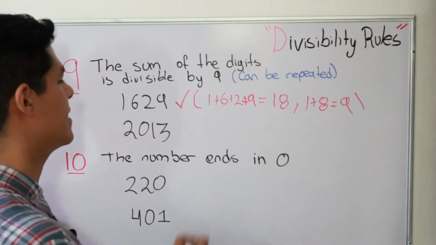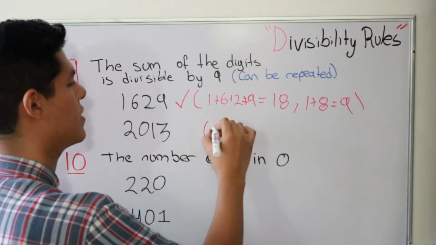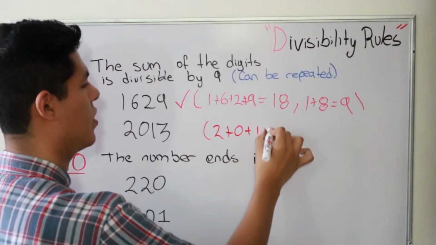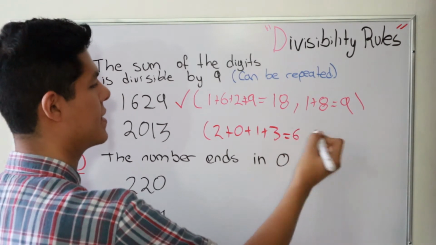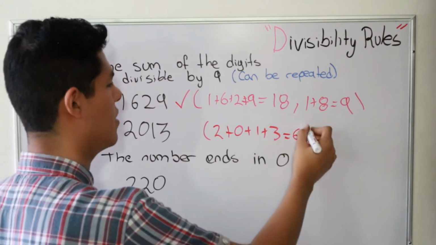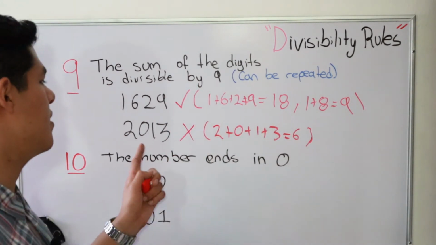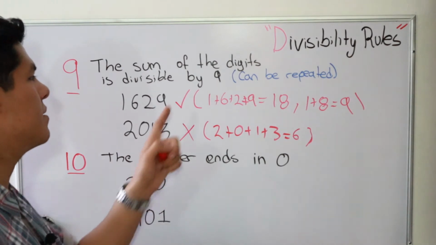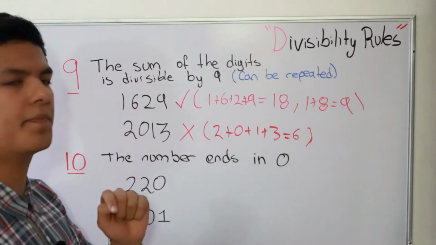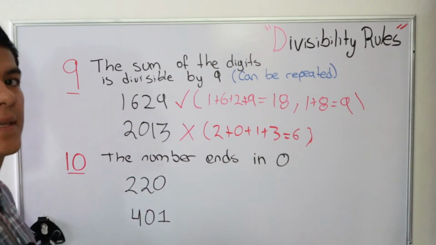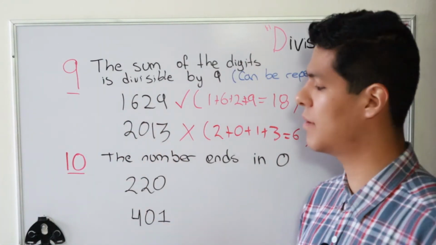We use this criterion and add the digits: 2 plus 1 is 3, and 3 plus 3 is 6. 6 is not divisible by 9, so 2013 isn't divisible by 9, but 1628 is.